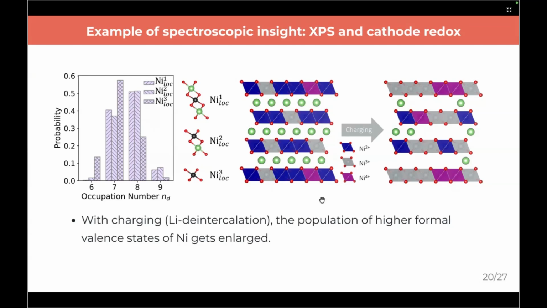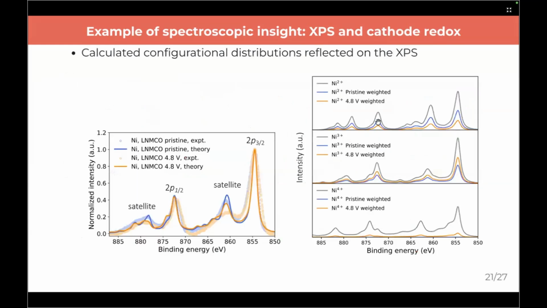So we first look at how the distribution of different formal valence states of nickel changes with different lithium concentration in the crystal.